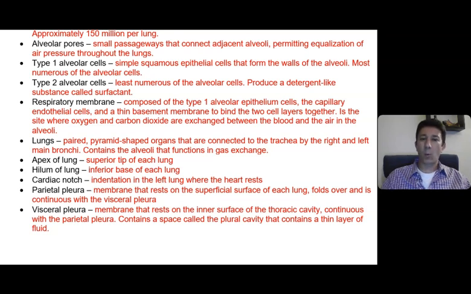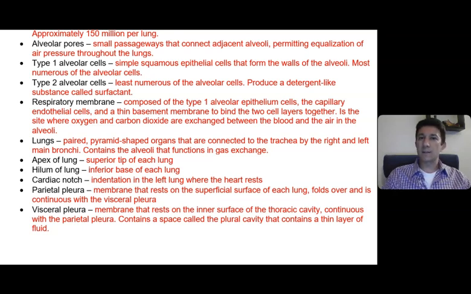And between the parietal and the visceral pleura is a very thin layer of fluid, a very thin layer of water. And that water, because of the surface tension that water has that we had just discussed when we talked about the alveoli, essentially helps to glue the outer part of the lung to the thoracic cavity.